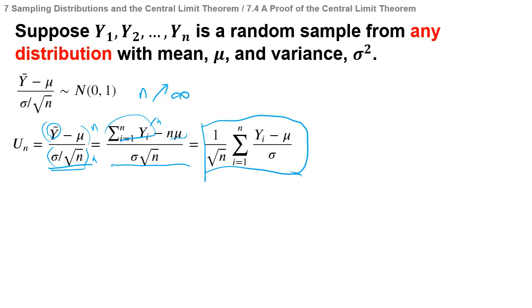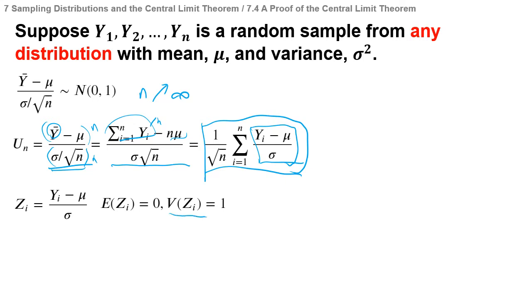Now let's define each (Yi minus mu) divided by sigma as Zi. You can find that the expected value of Zi is the expected value of (Y minus mu), which is 0, and the variance of Zi is sigma squared divided by sigma squared, which is 1.